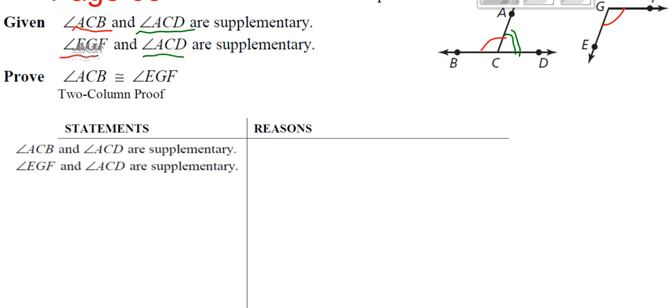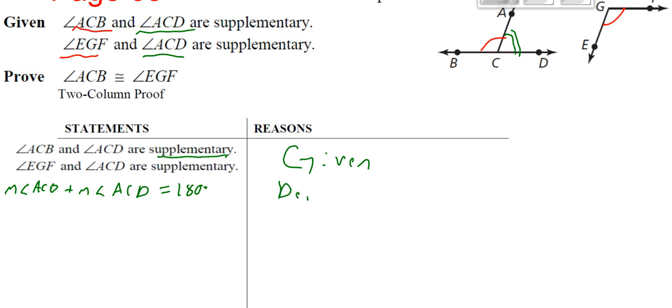We know that this first thing is given, so we want to include that. Now let's use this vocab word and make a mathematical statement. We get that the measure of angle ACB plus the measure of angle ACD equals 180 degrees, and this is by definition of supplementary.